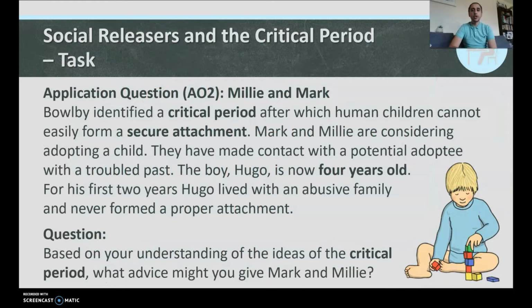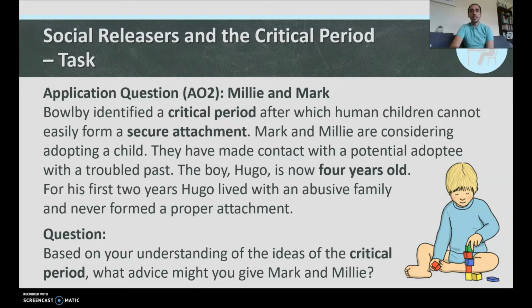Right, here's an application question. Millie and Mark: apply our knowledge to a scenario. That is application, AO2. Bowlby identified a critical or sensitive period after which human children cannot easily form a secure attachment. Mark and Millie are considering adopting a child.